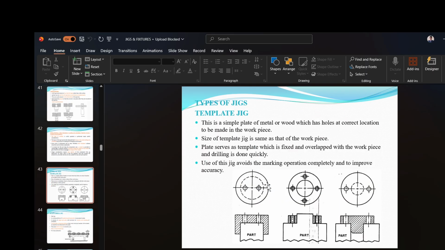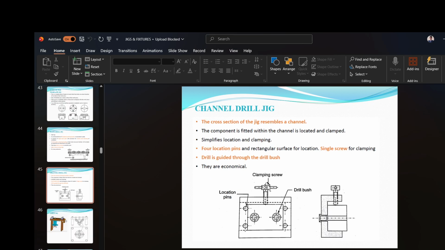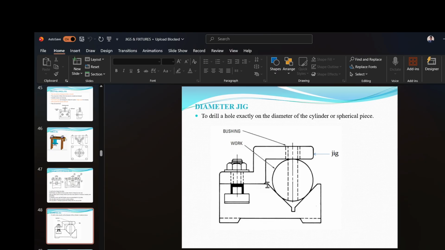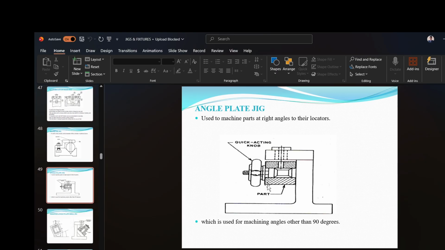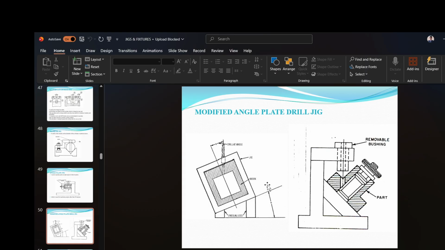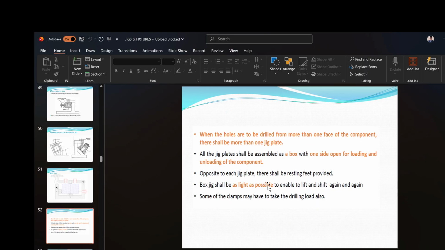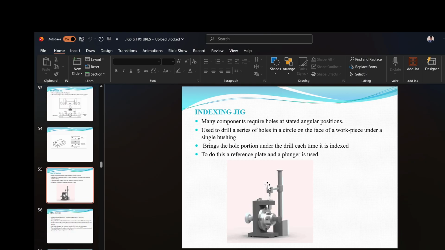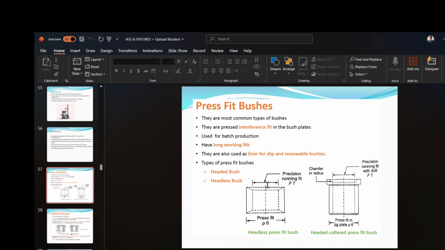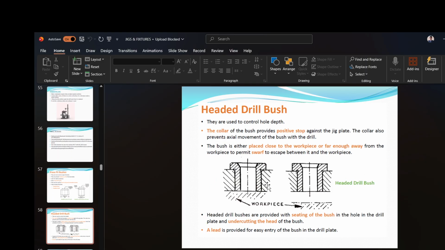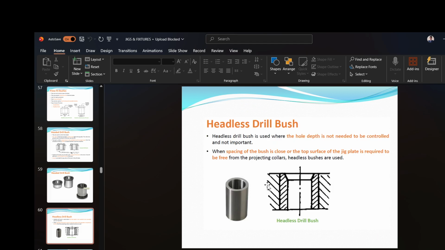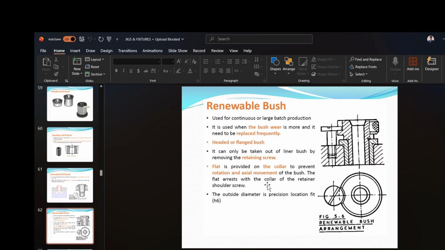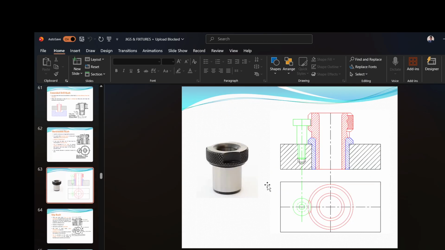Types of jigs: template jig, flat jig, channel jig, table jig, leaf or latch drill jig, diameter jig, angle plate jig, modified angle plate drill jig, box jig, sandwich jig, indexing jig. Drill bushes: press fit bushes, headed drill bush, hardened drill bush, extended drill bush, renewable drill bush. So this is the drill bush.